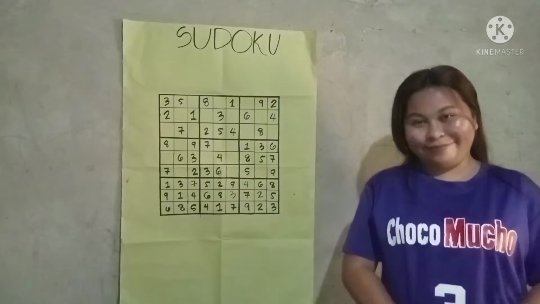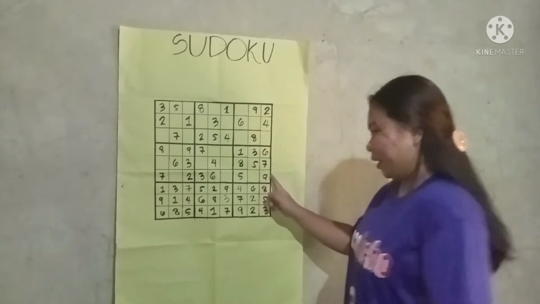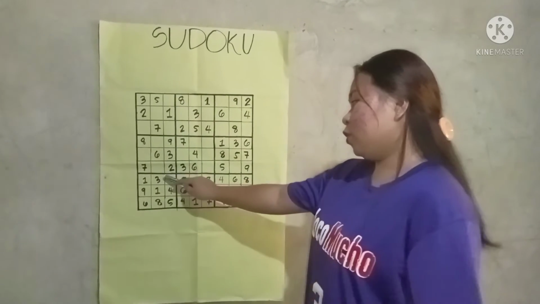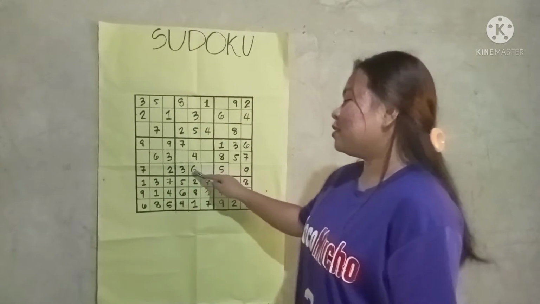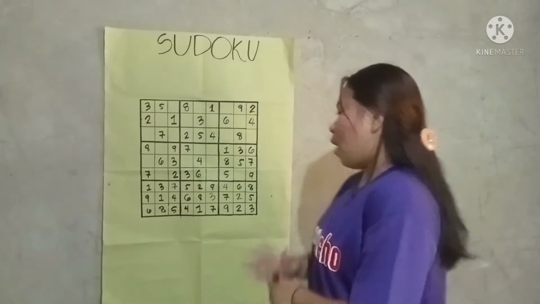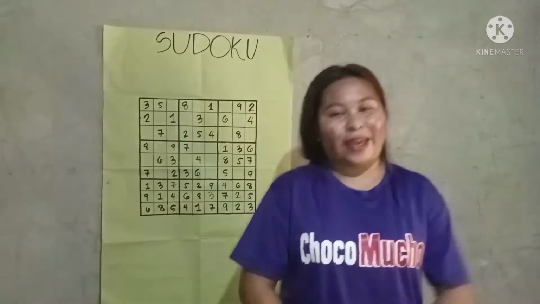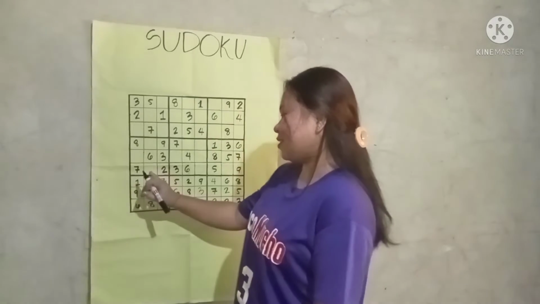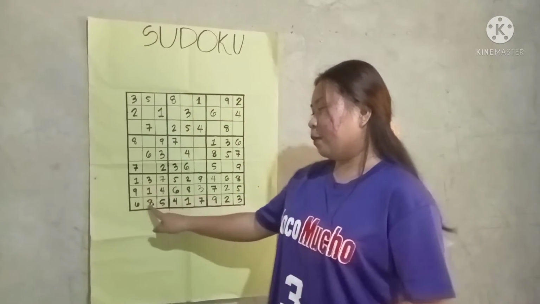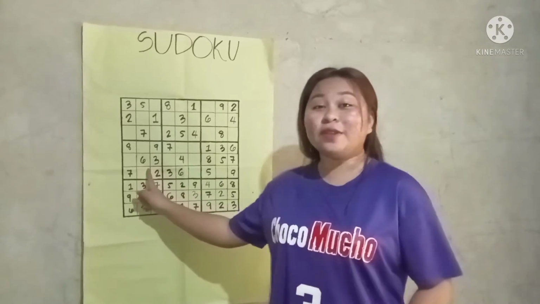And there. Now, let's go to row 4. Numbers are 2, 3, 5, 6, 7, and 9. The missing numbers are 1, 4, and 8. In this box, as you can see in the row, there's the number 1 and the number 8. So we're gonna put the number 4.